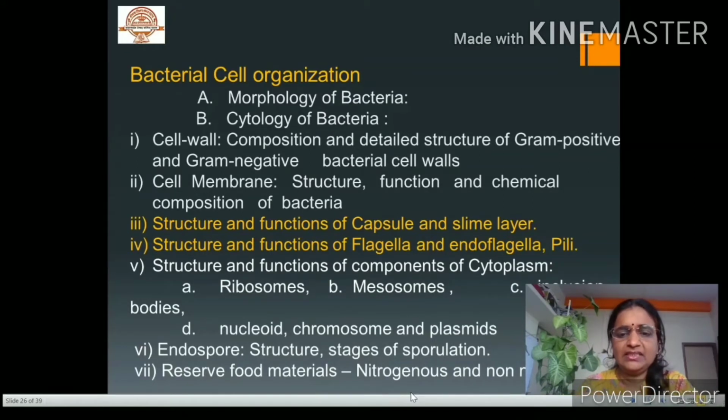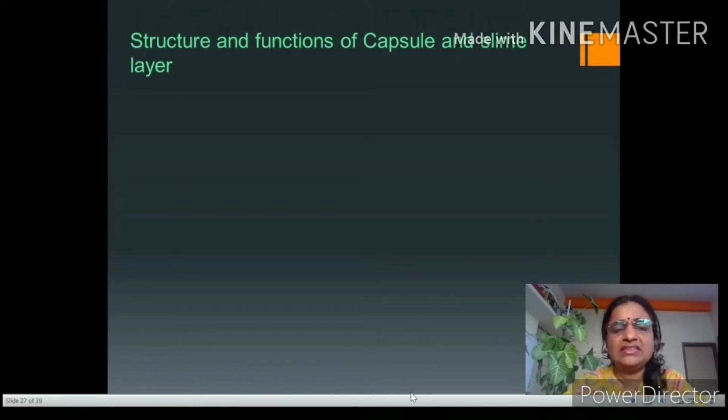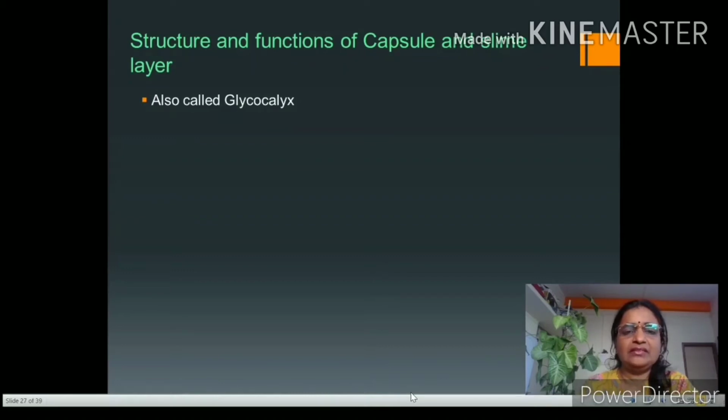Now let us study the first part of the cell, that is capsule and slime layer. Notice the structure and function of capsule, what is slime layer, what are the differences between capsule and slime layer, and what are the functions of capsule. Capsules are also called glycocalyx. These are present outside the cell wall.